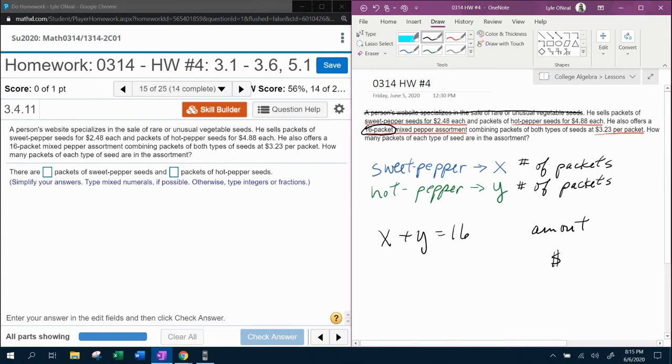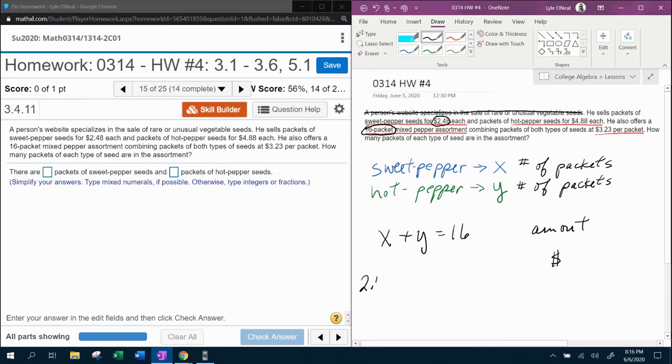And then the other equation is going to be the money equation, okay? So we're going to multiply this equation through by the dollar amounts. How much do sweet pepper seed packets cost? $2.48 each.